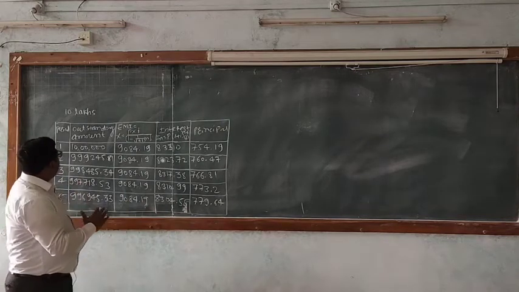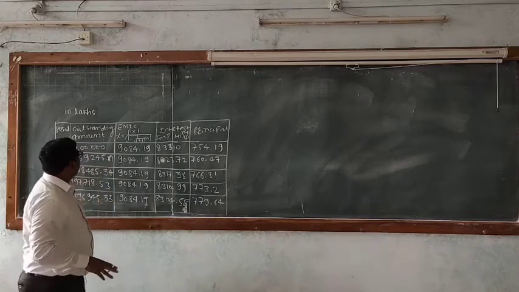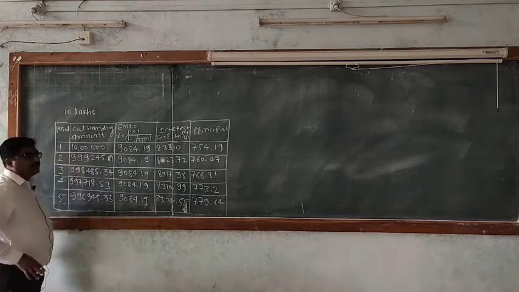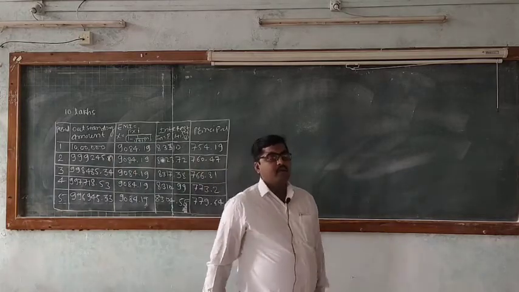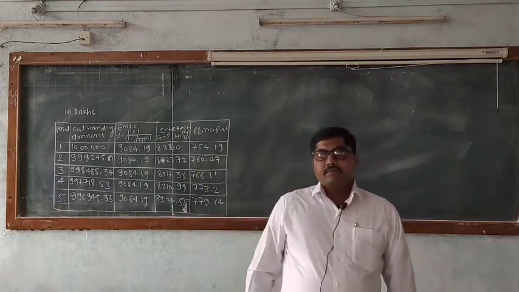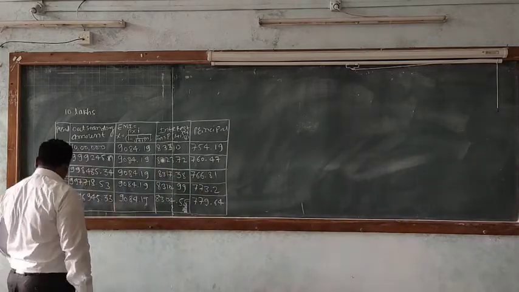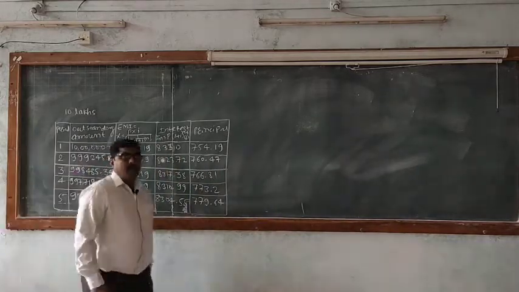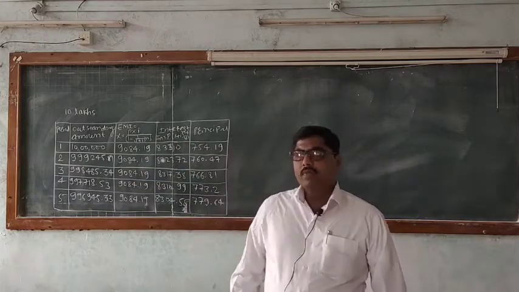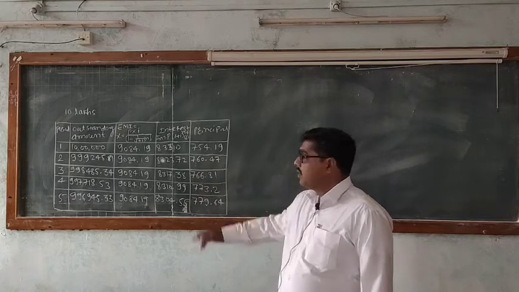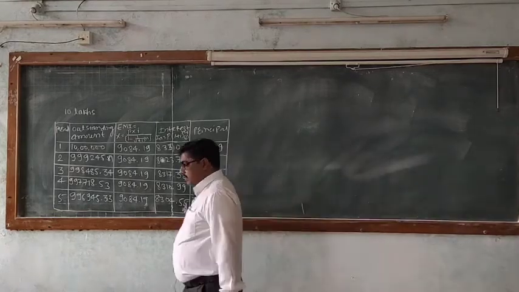So this is a table, and actually I have taken the loan of 10 lakhs, that's why I have taken the example, right? Now see here, X, right?